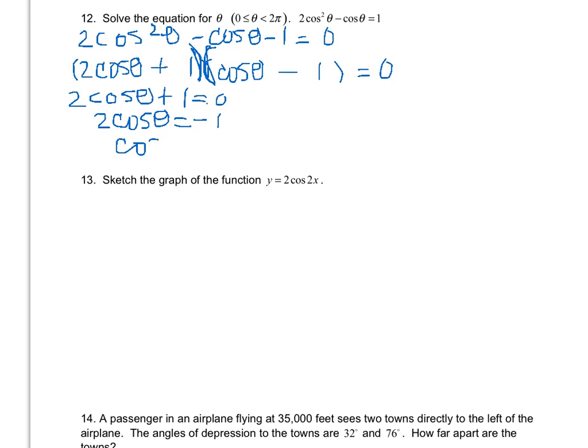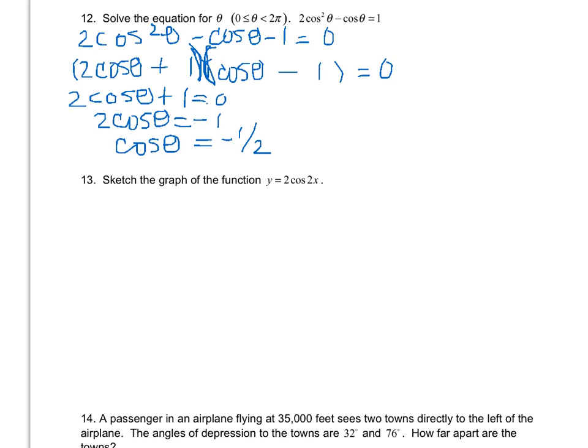So cosine of some angle is negative a half. The cosine of any angle is negative in quadrants 2 and 3. That is not the ratio from a special 30, 60, 90 or 45 triangle.